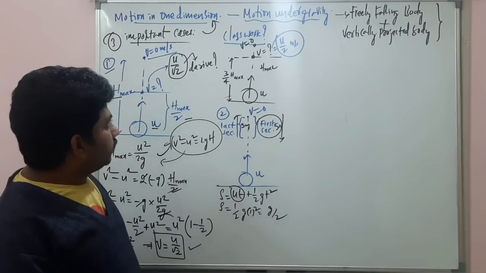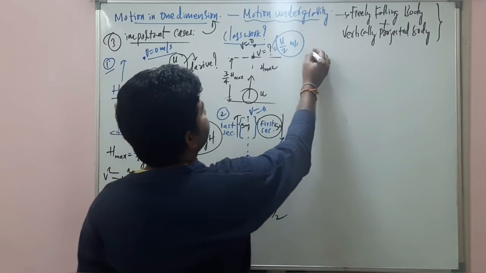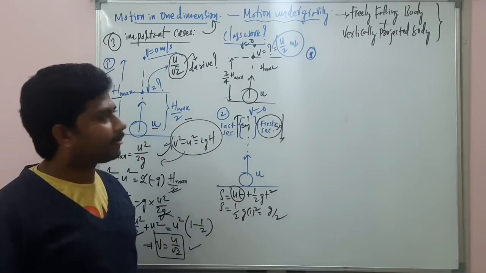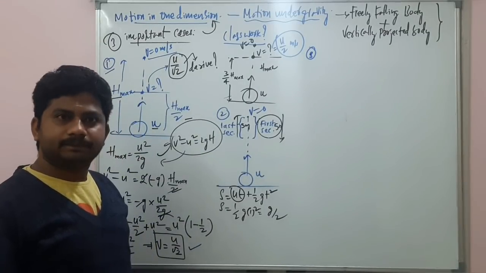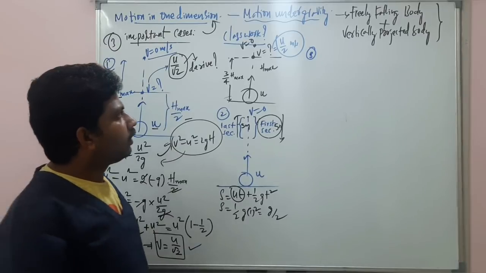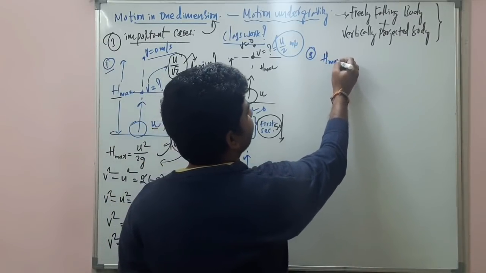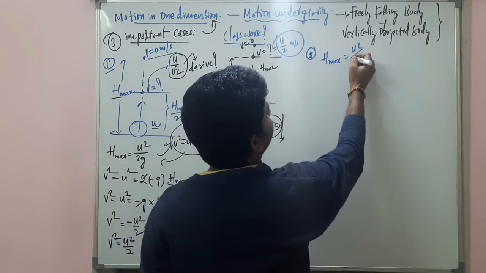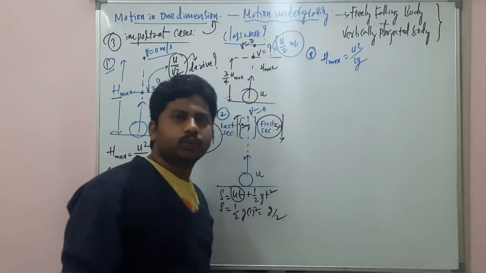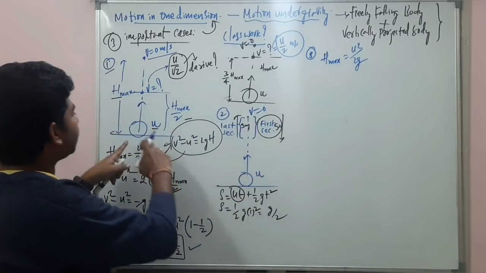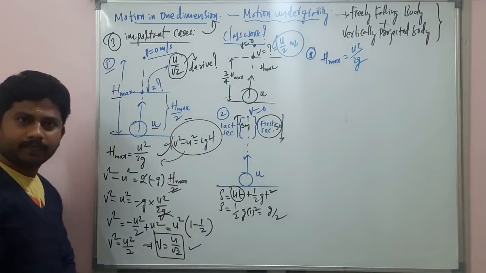Now, let's see the third case, my dear students. Third case. Here, already we have the formula for the maximum height, u squared by 2g. What is u? Initial velocity. H maximum is from here to here.